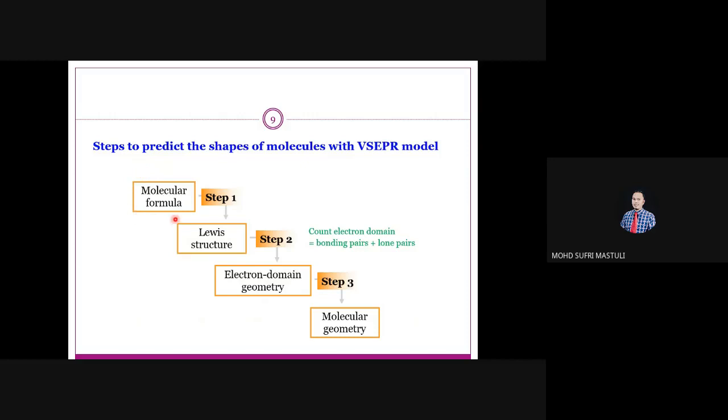From the molecular formula, you can draw the Lewis structure, because we need the Lewis structure to know what the electron domains are. From the Lewis structure, we can calculate how many bonding pairs and how many lone pairs there are. It can tell us the electron domains. From the electron domain, we can know the electron domain geometry.